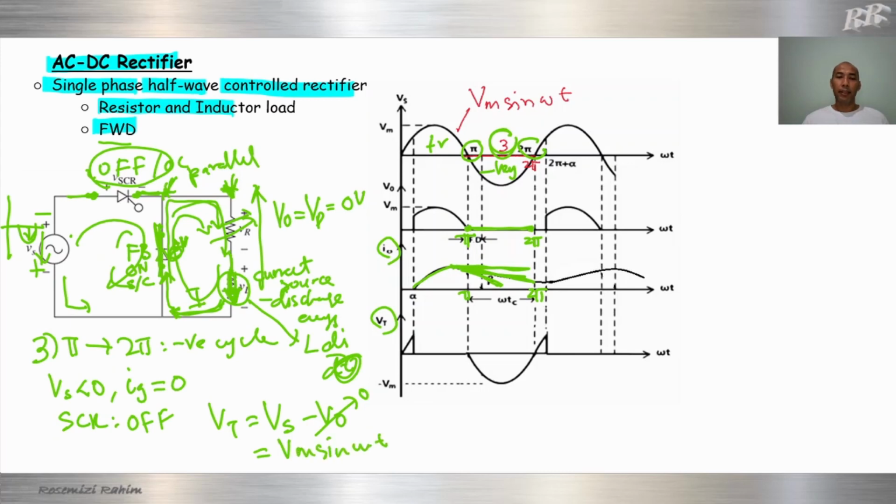That means the thyristor voltage is the same as the input, sinusoidal from pi to 2 pi. That's all for the third section of the waveform.